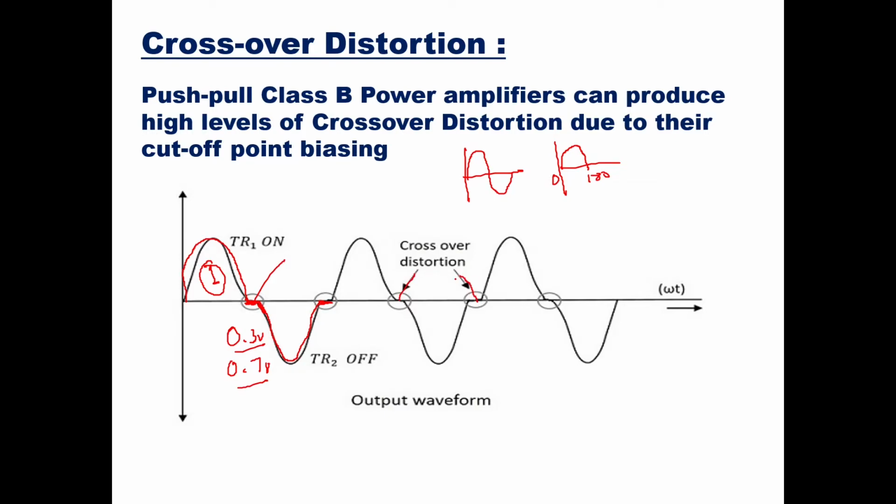Now this problem will be eliminated if the output goes a little into the next half cycle. A little output should come, so in the meantime the next transistor will get on. So the class B push pull amplifier crossover distortion problem can be eliminated by class AB power amplifier just by adjusting the operating point in which it is going to operate.